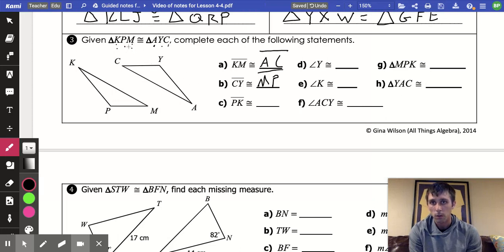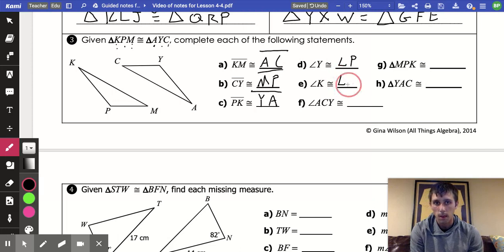All right, next we have PK. So the middle and the first one. So what's this one going to be? The middle, which is Y, and the first one, which is A. They are congruent. Angle Y. What is in the same spot as angle Y? Angle Y is in the center, so it would be angle P. What is congruent to angle K?